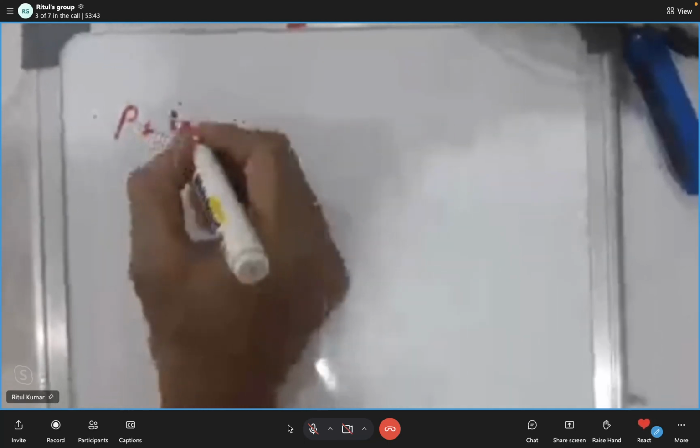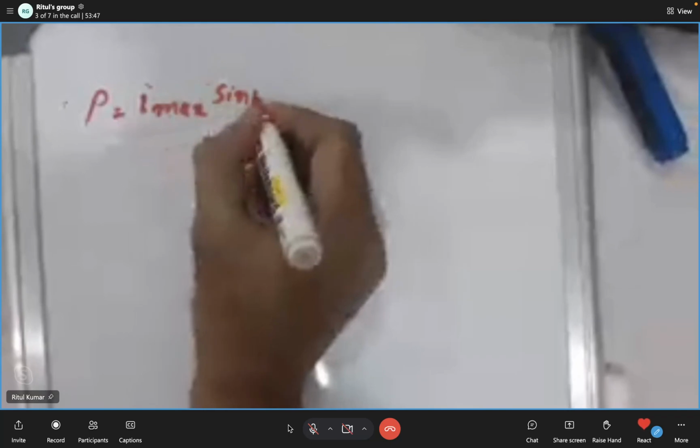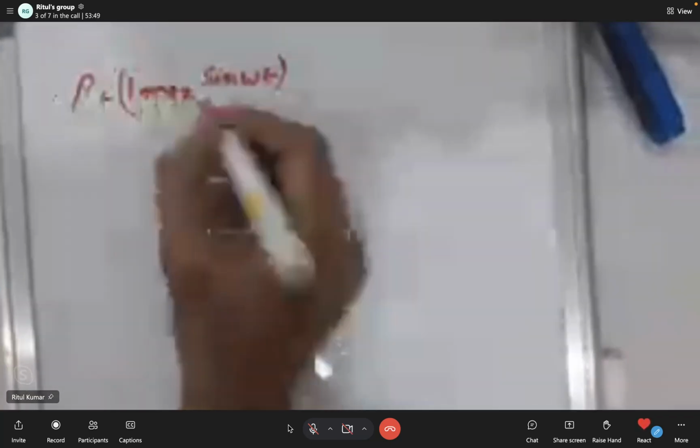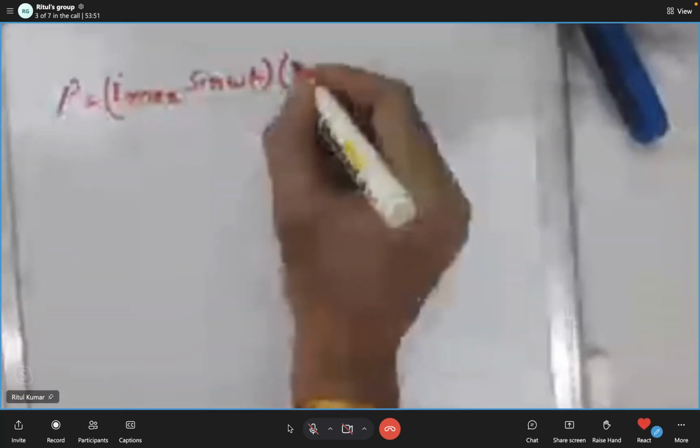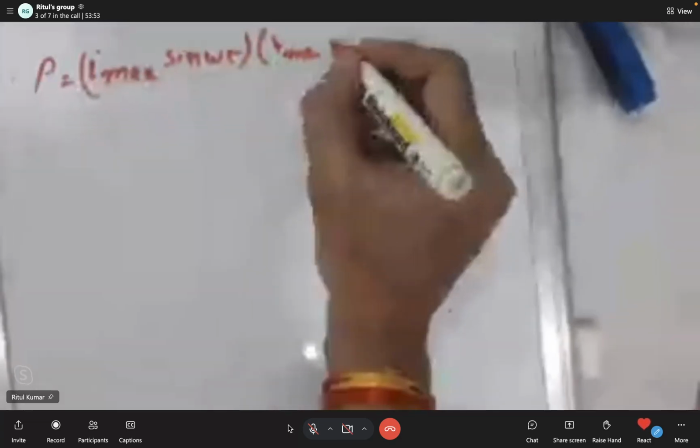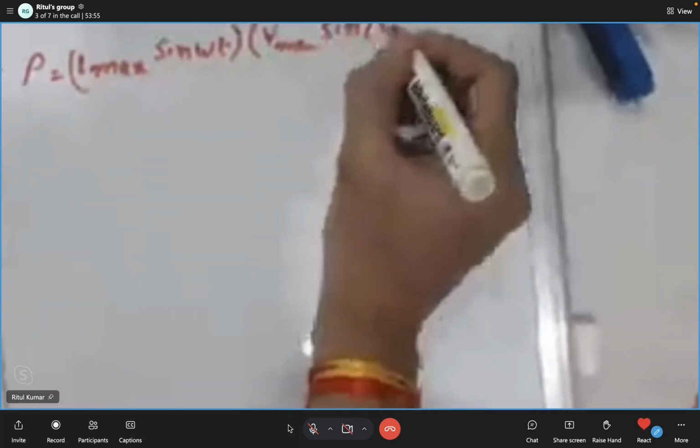What is power? You're aware that power means the product of voltage and current, right? Instantaneous power is what I'm referring to, the product of current and voltage. So I max, sine of the angle, let us say omega t, is current to us. And voltage is V max, sine of the angle omega t minus alpha.